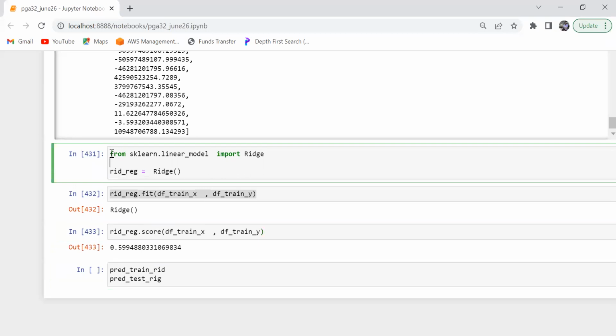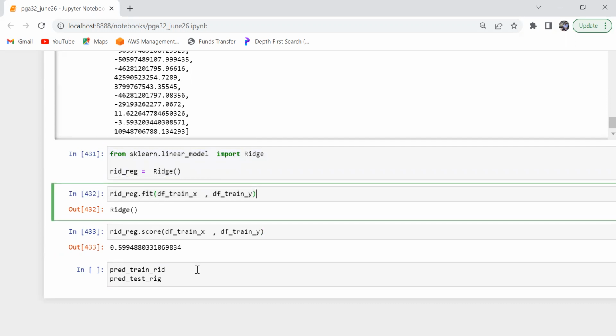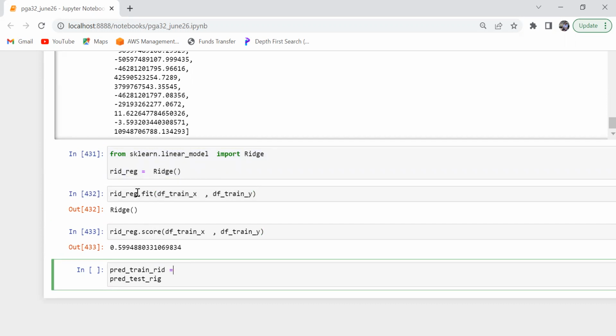Can I say the code at line number 431 is clear to everyone? The way we build a linear or logistic regression: import your Ridge, create an instance, then run your fit function.